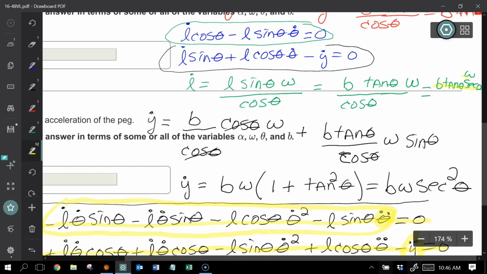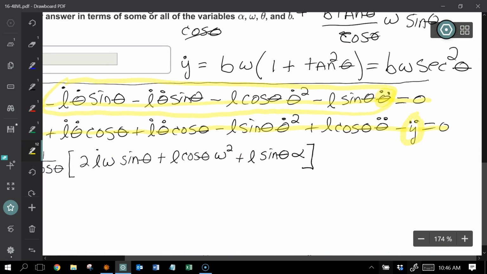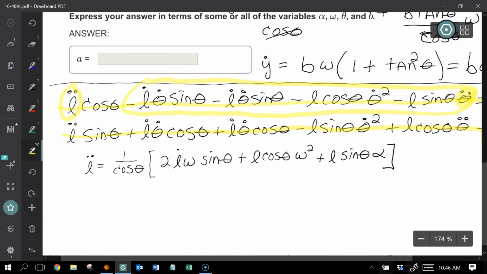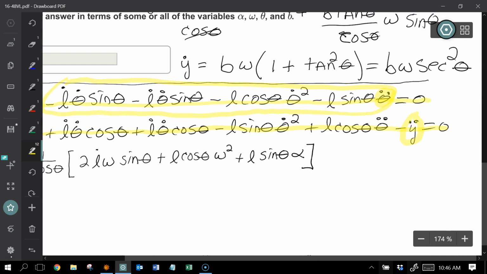You can put that in for the L dot as well. Then you'll take the L double dot, which you have here, and put it into the second equation. You'll solve it for Y double dot, which is the acceleration, the term you're looking for.